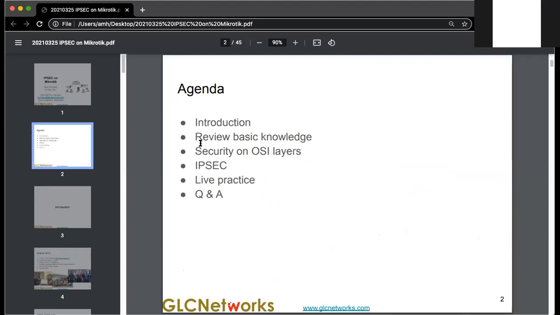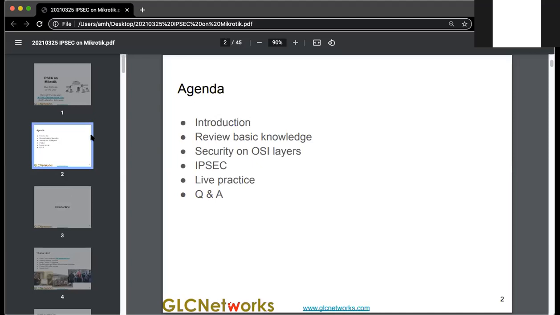The agenda will be introduction and then review, security, and the IPsec itself, and then IPsec on Mikrotik. I think this is important because when you configure IPsec, at least you need to understand the concept of the IPsec itself.